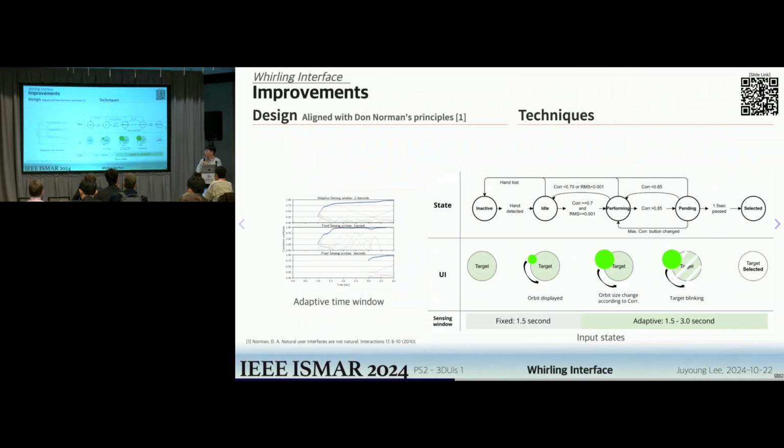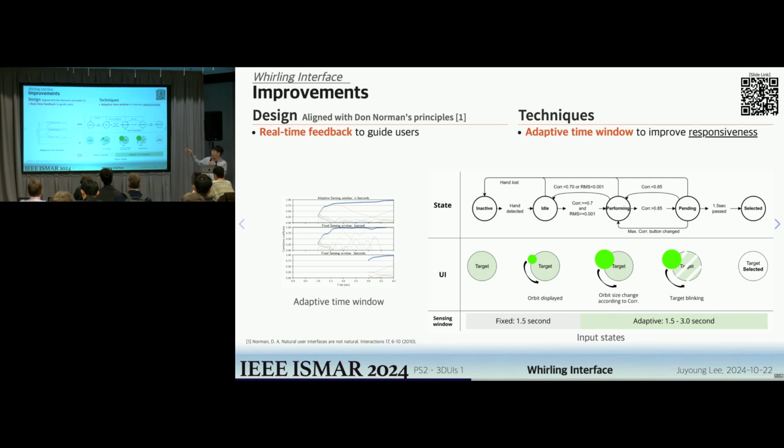Details are in our paper, and I will just introduce the important improvements of our system over motion matching based selection. We align with Norman's principles, following the need to provide feedback on doing well, and confirmation and cancellation features. First, we implement real-time feedback. We use an adaptive time window to give real-time feedback telling them whether they are doing well or not.